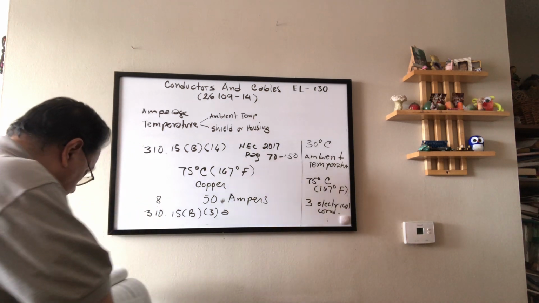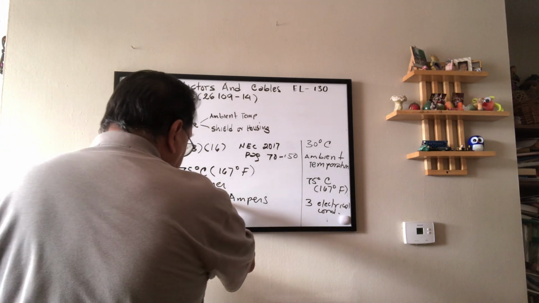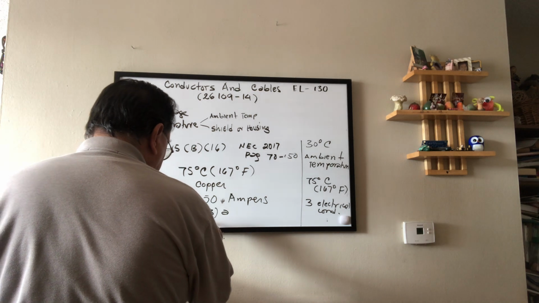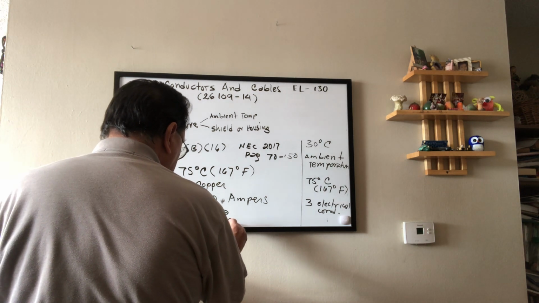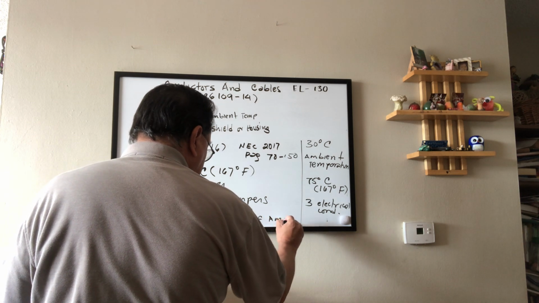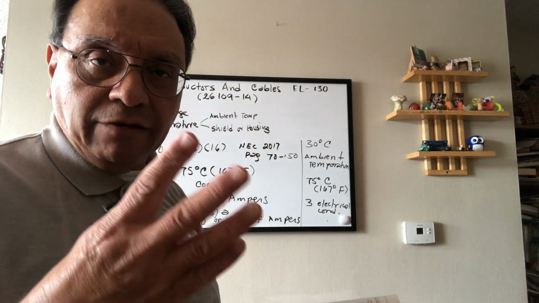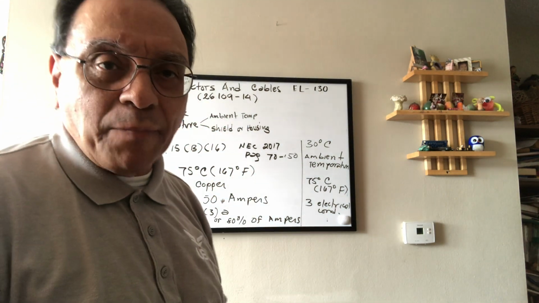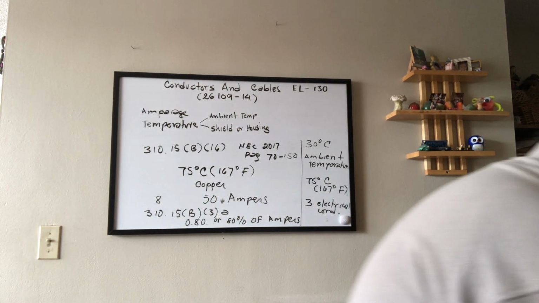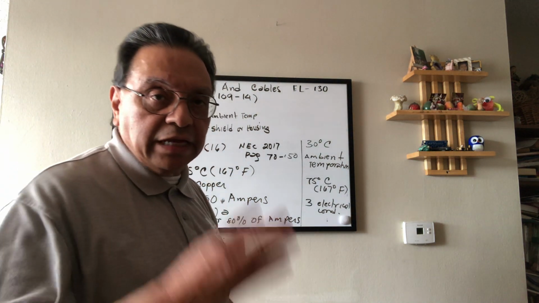And right here, for the number of conductors from 4 to 6, I need to multiply by 0.8, or 80% of the amperes. So in reality, when I have 4 electrical conductors, the capacity of the electrical conductor to transport electrical current will be reduced by 80%.